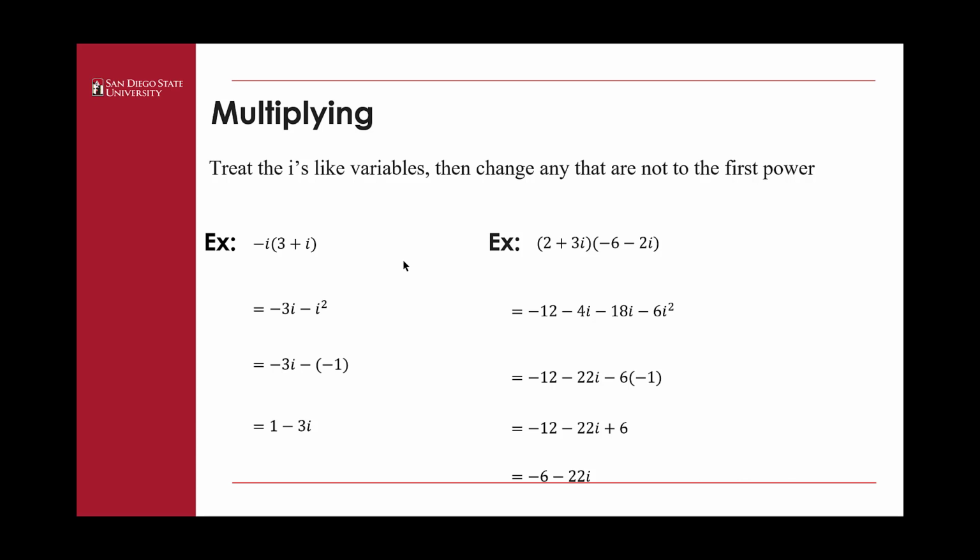Here 4I and 18I are all to the first power, and we can just subtract or add them just like any variable, and we have to resolve I square, and we will get -12 minus 22I plus 6 as we multiply -6 with -1. And eventually we will get -6 minus 22I as the simplified result.